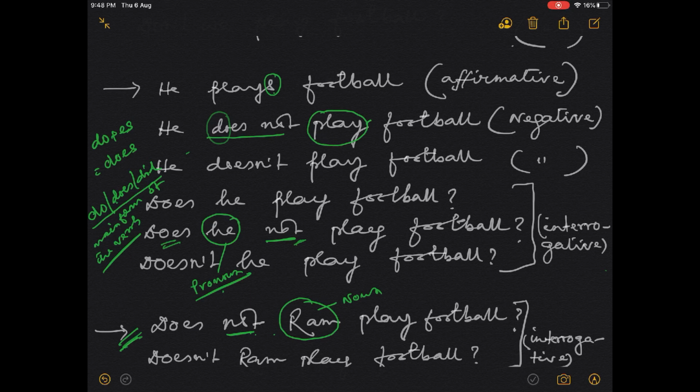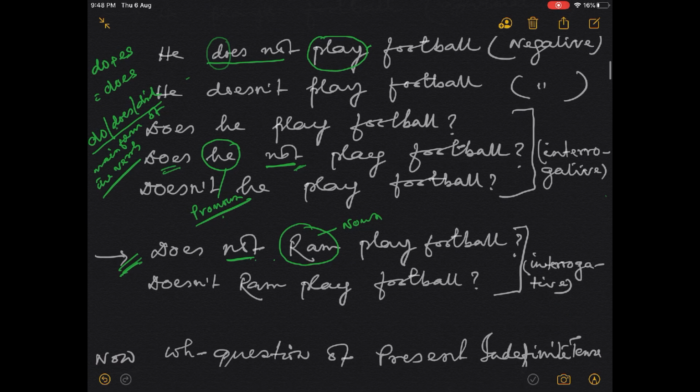Why is not after the subject here, and why is not before the subject here? Because when the subject is a pronoun, not is always used after it. When the subject is a noun, not is always used before it. Remember this. These are two very important characteristics of this tense, which are very useful. You must remember them.